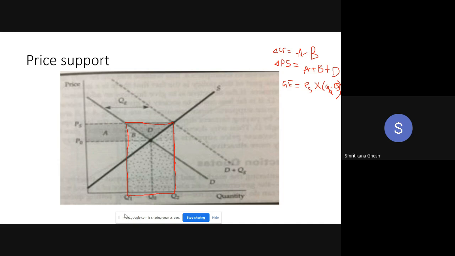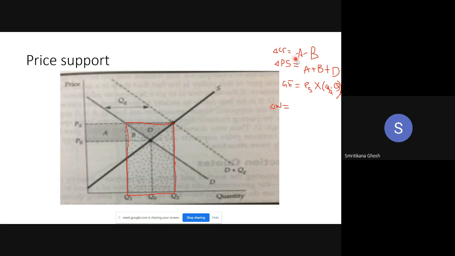Now look, we are going to check the welfare change. Okay, fine. So what will be the change of welfare? So we have to write everything before writing. Just look that A is given by the consumer and it is received by the producer, right?